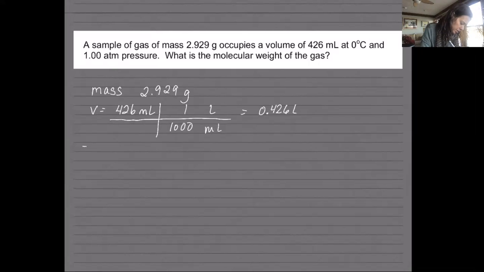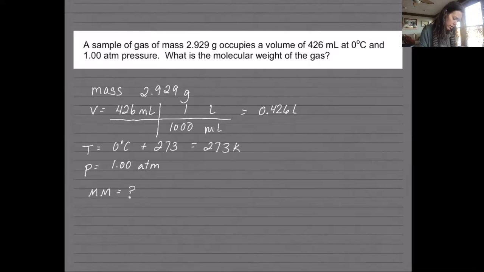At 0 degrees Celsius, well, let's go ahead and change that to kelvins. And a pressure of 1.00 atmospheres. What is the molecular weight? That means molar mass equals question mark.